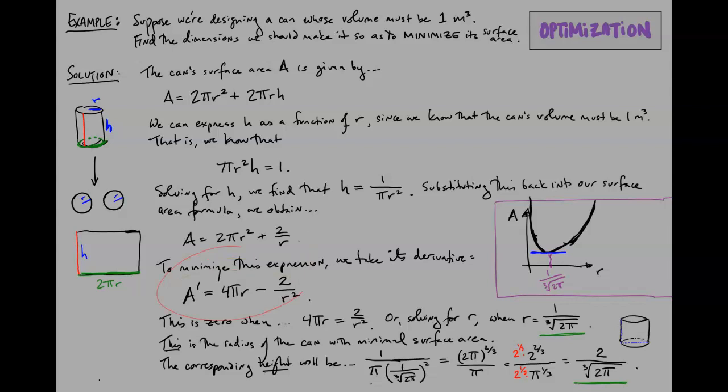So we took the derivative, set it equal to 0, and we found there was only one place that happened. And based mostly on our screwing around in the beginning, we were able to reason that that one point had to be the global minimum. And once we had the radius, we could find the height using the relationship we found earlier between height and radius. Okay, let's turn to another problem.